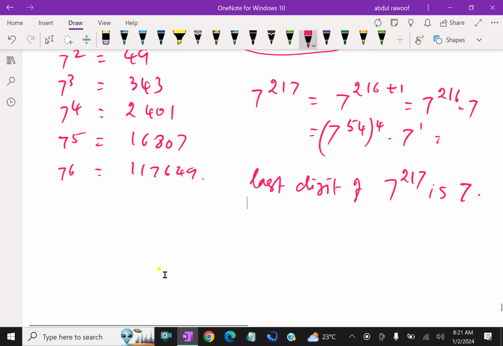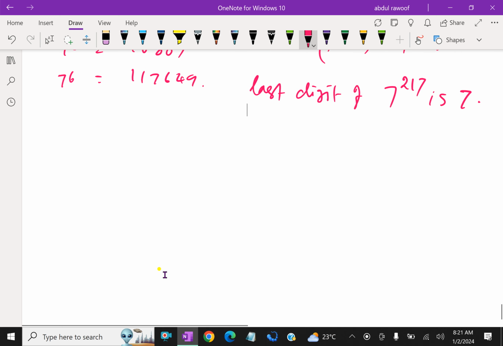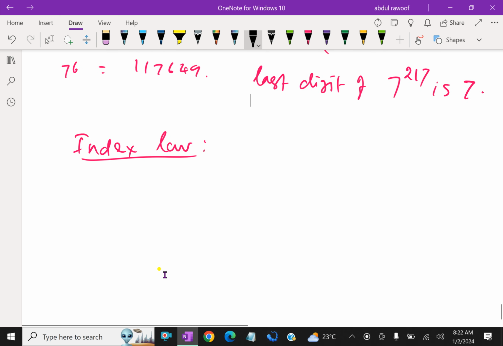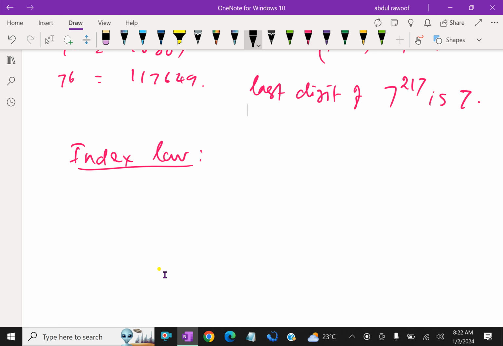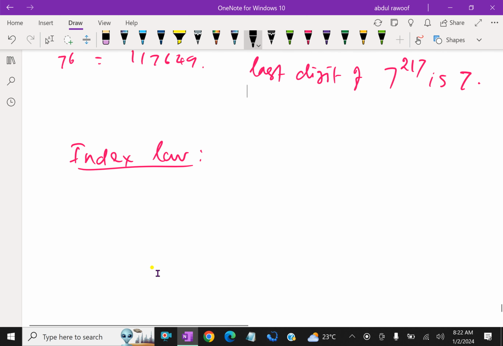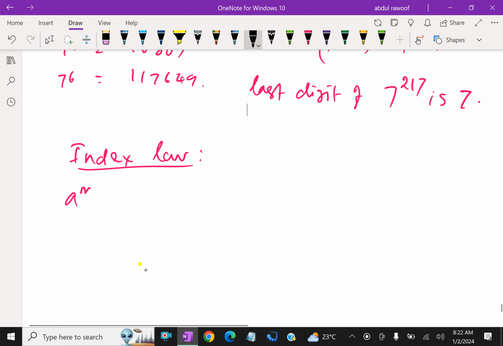Now, let us start some index laws. Index law, also called law of indices: a power m into a power n, where the bases are equal and the indices are m and n, is equal to a power m plus n, the powers are added.